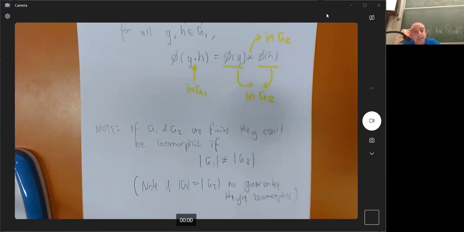But it is possible, at least. So this is a way of telling that things aren't isomorphic. If they're different sizes, they cannot be isomorphic. And that goes even if they're not finite. If one of them's finite and the other one's infinite, then they can't be isomorphic. So that's the first step.